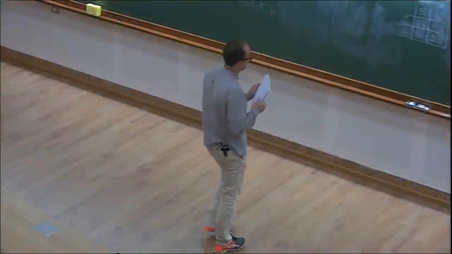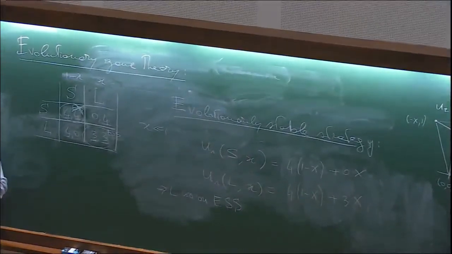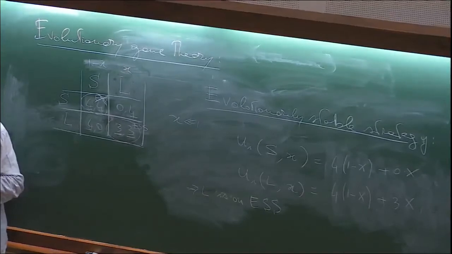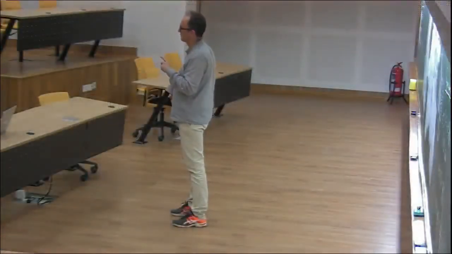No. I mean, this is a case where this is a pure strategy Nash equilibrium, but it's not an evolutionary stable strategy. But maybe, as per the literature, it has been proved that pure strategy Nash must be an evolutionary stable strategy. Strict Nash, yeah, strict Nash, exactly. A strict Nash equilibrium is an evolutionary stable strategy.